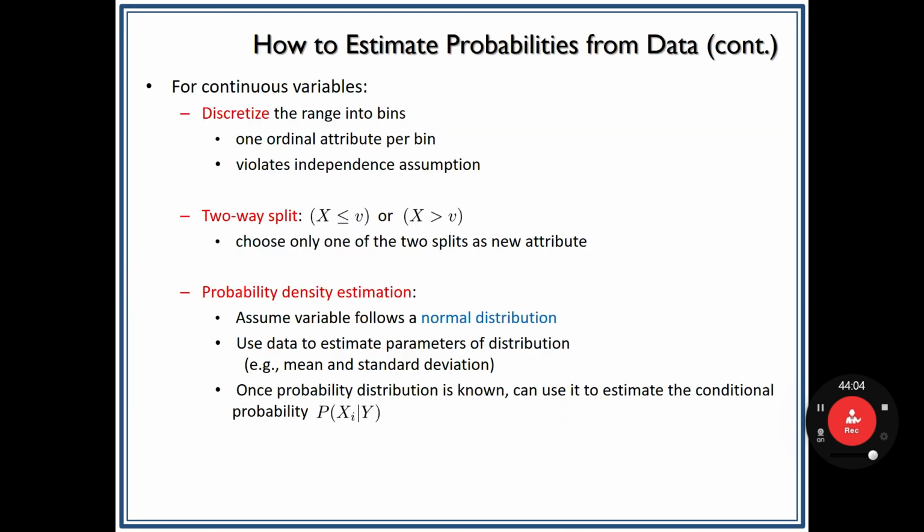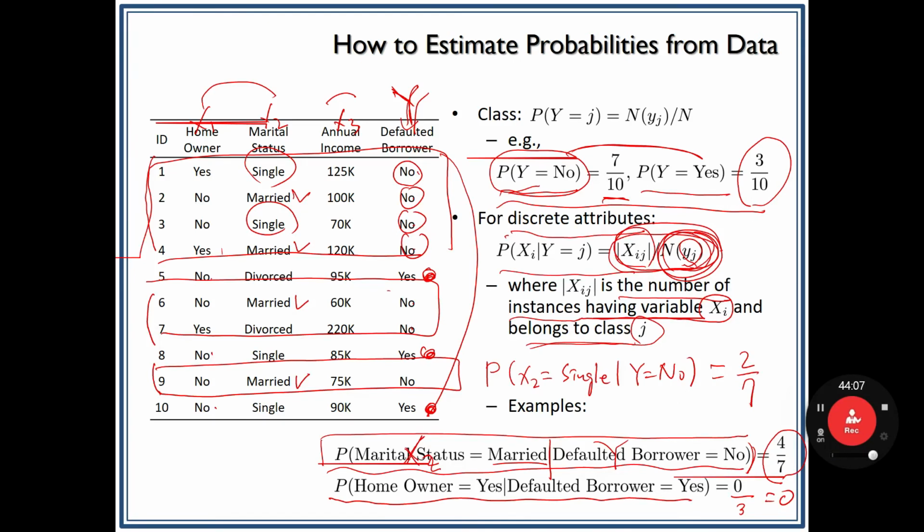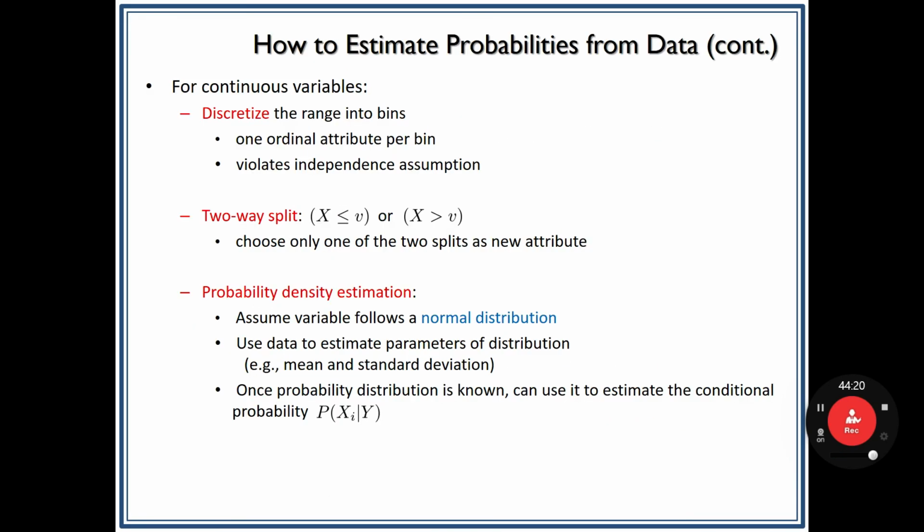Then we can estimate this conditional probability for the discrete variables, but what about the continuous variable, the annual income? For a continuous variable, the first option is to discretize the range into bins, with one ordinal attribute per bin, but this can violate the independence assumption, so there's a little risk.